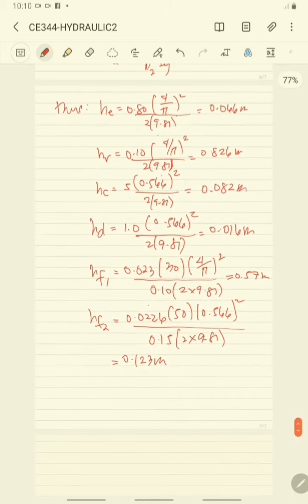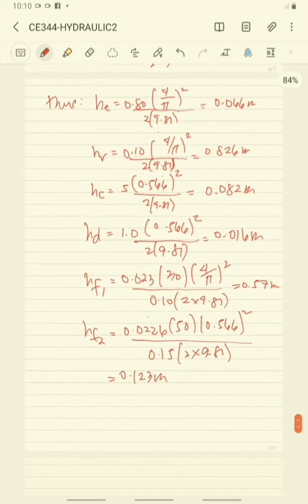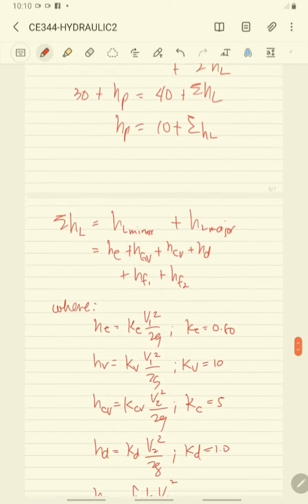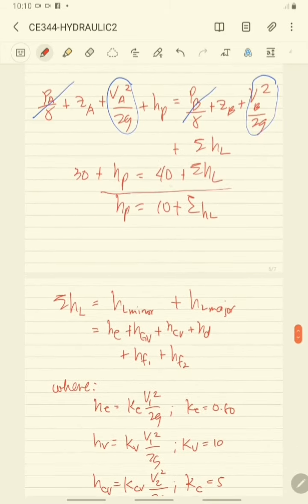So we already computed all the head losses. We have to make this our equation 1.